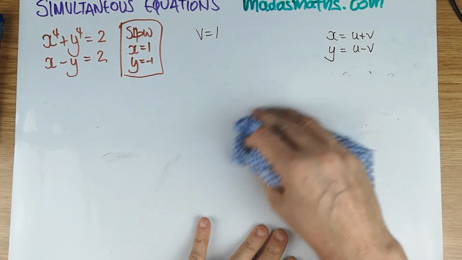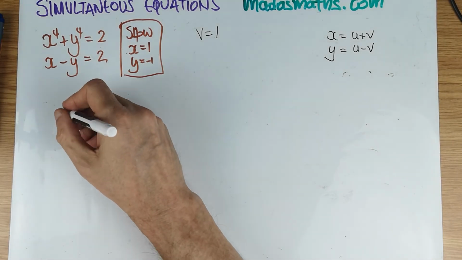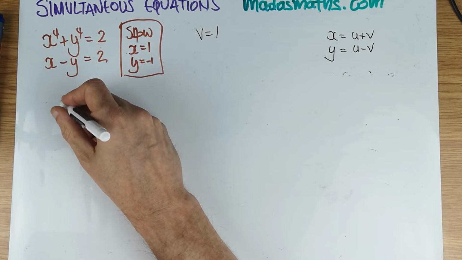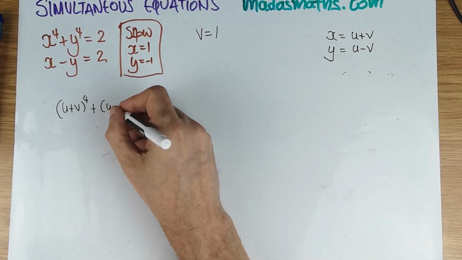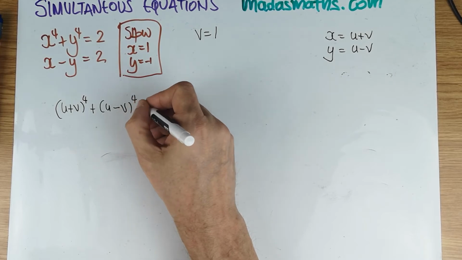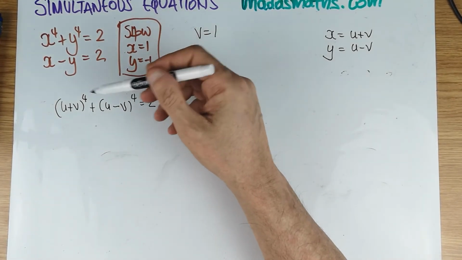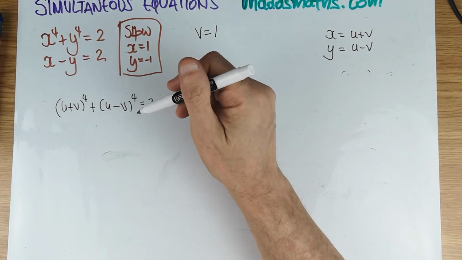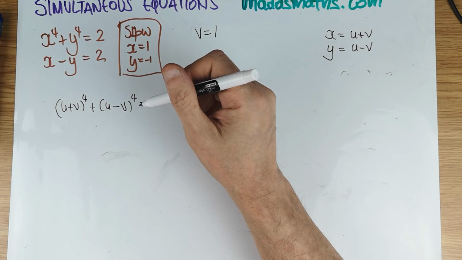I'll do the same thing now. I'll put these substitutions into the nonlinear, the quartic equation. This is now a little bit unpleasant, but still a little bit binomial. We could put v is equal to 1 straight away in there, but I think it's probably easier to expand it as it is.